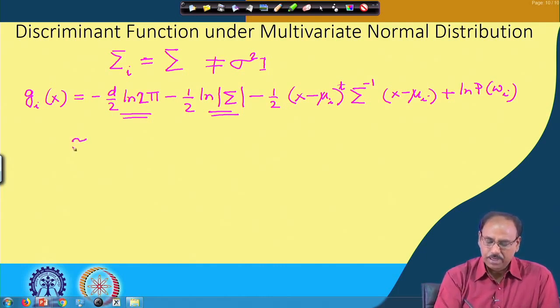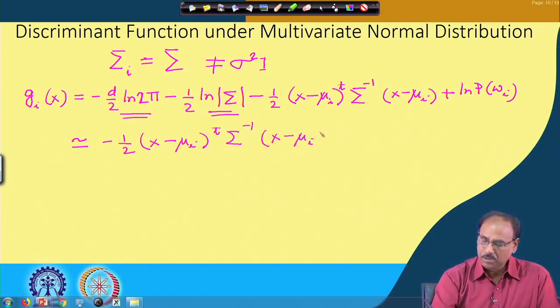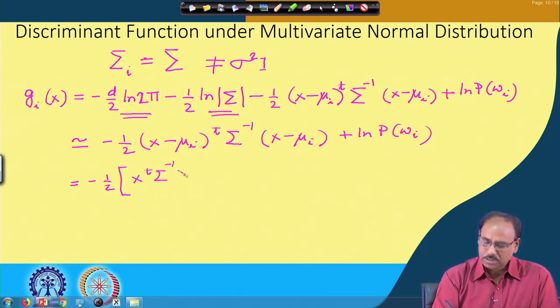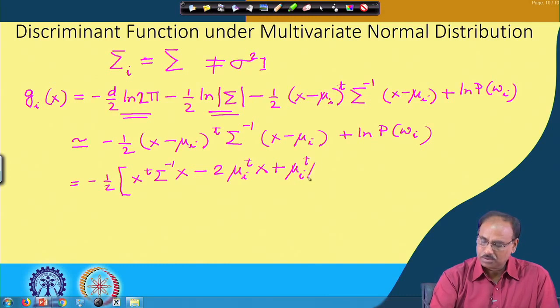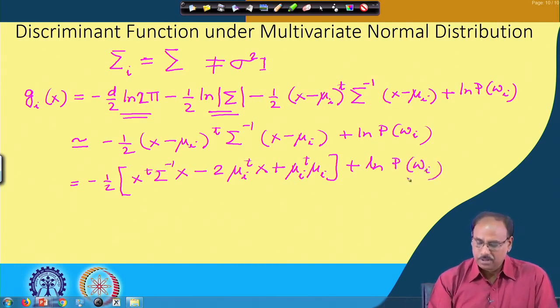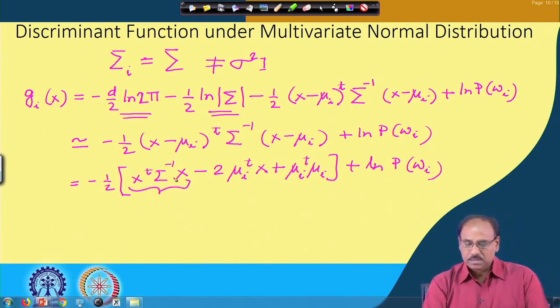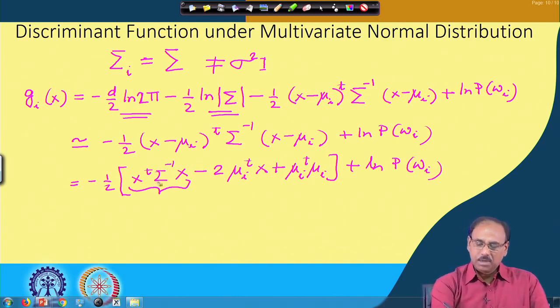So, my g I x now becomes same as minus half x minus mu I transpose sigma inverse x minus mu I plus log of p of omega I. And if you expand this, it simply becomes minus half x transpose sigma inverse x minus 2 mu I transpose x plus mu I transpose mu I plus log of p of omega I. As before, you find that this x transpose sigma inverse x is class independent, because sigma is same for all the classes.